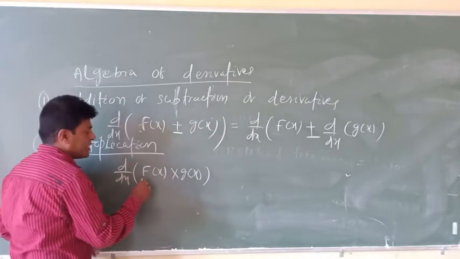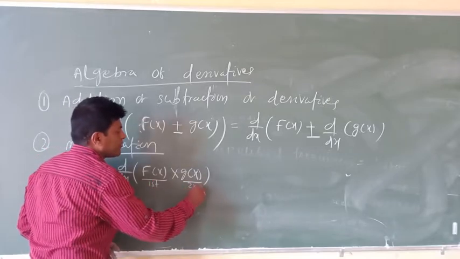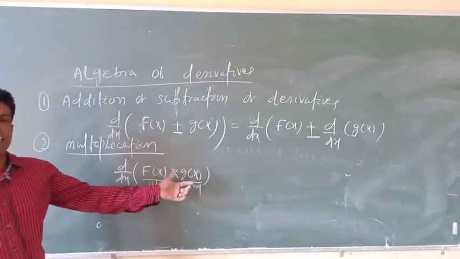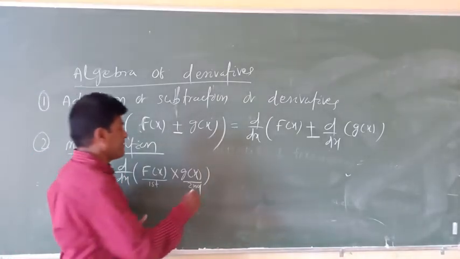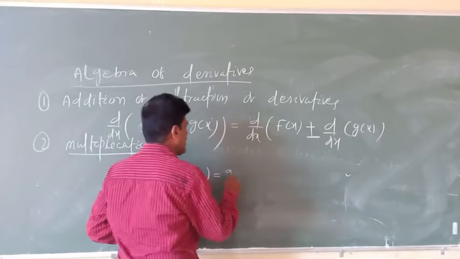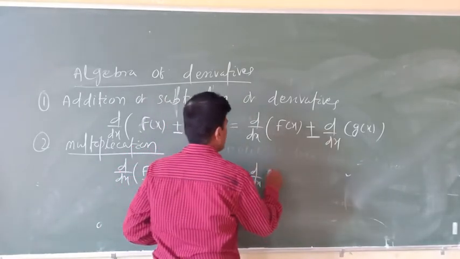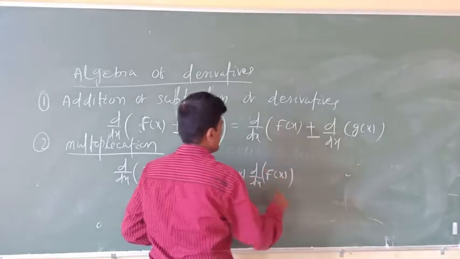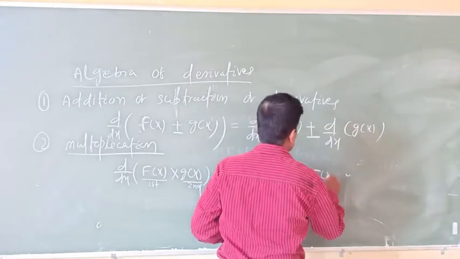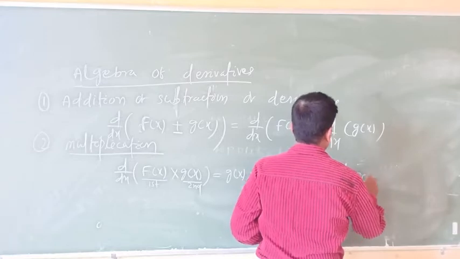Particularly remember, that is the first function, that is the second function. When differentiating, always remember, second function is a constant, derivative of first function, plus first function is a constant, derivative of second function.